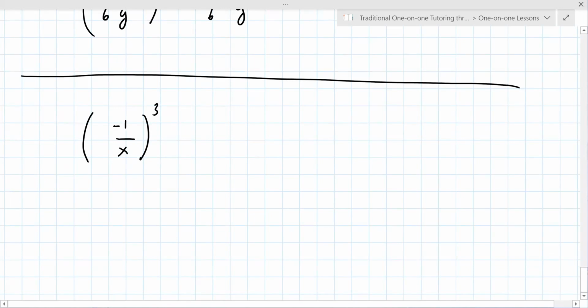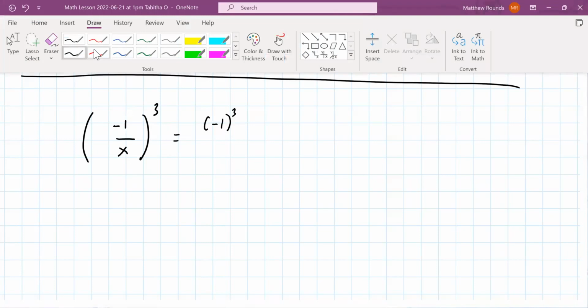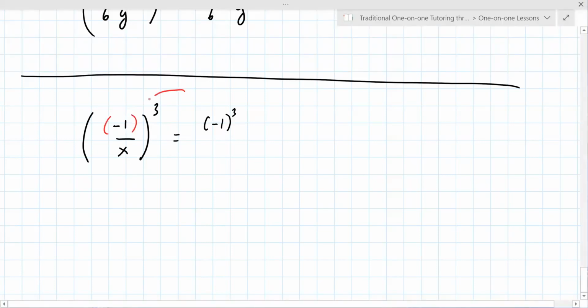Okay, and this is where we're really relying on your understanding of a few things from last week and now this week. What is being applied to the power of 3 in the numerator is -1. Even though it's not written, there really are what I call implied parentheses.